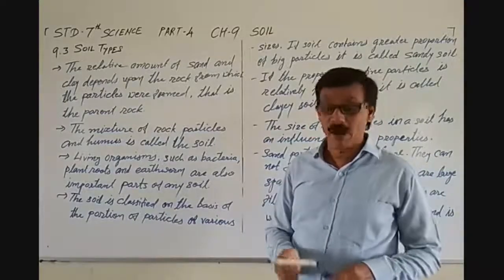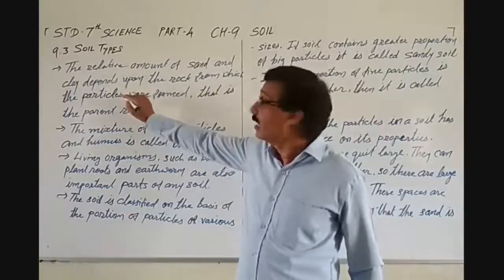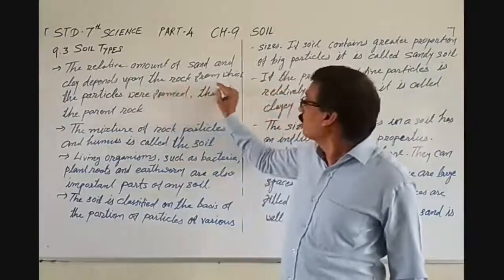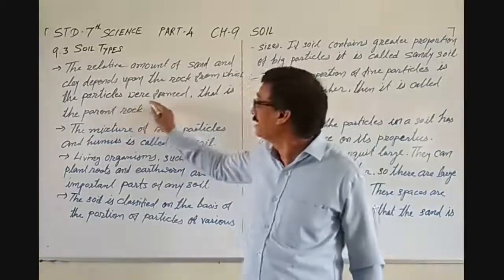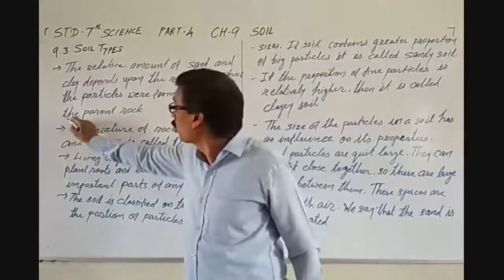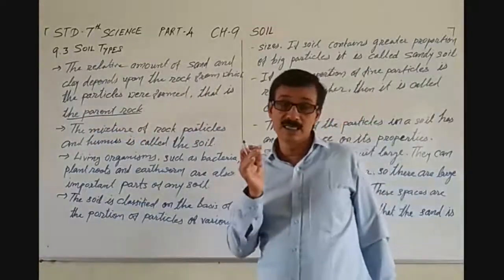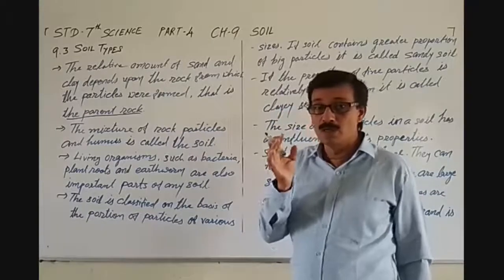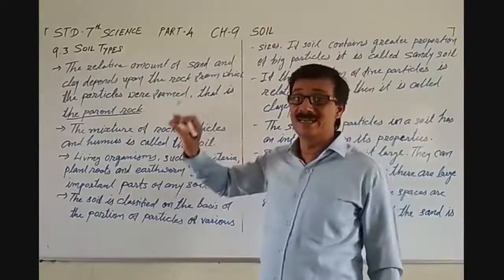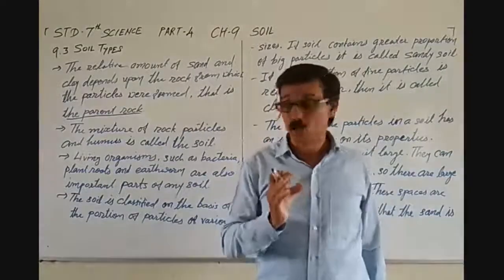The relative amount of sand and clay depends upon the rock from which the particles were formed. That is the parent rock. What is parent rock? The parent rock is the rock from which the sand and clay particles are formed.